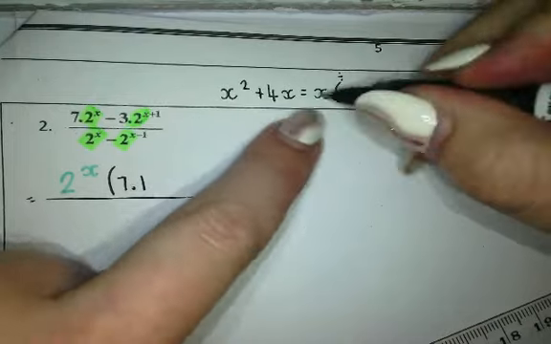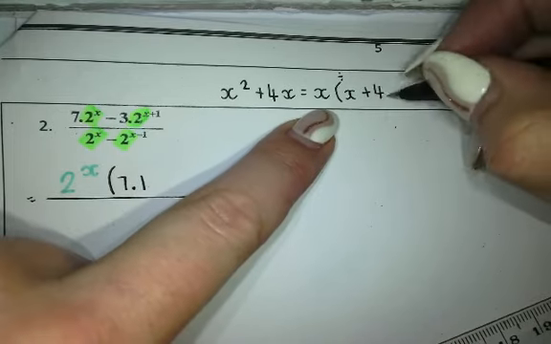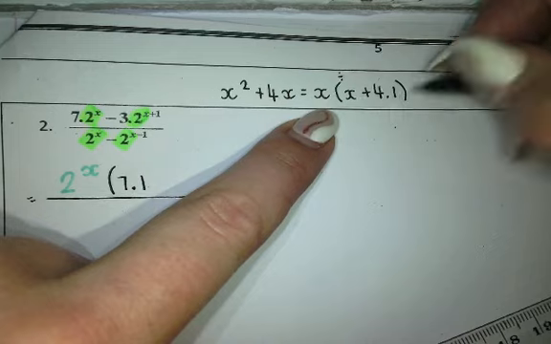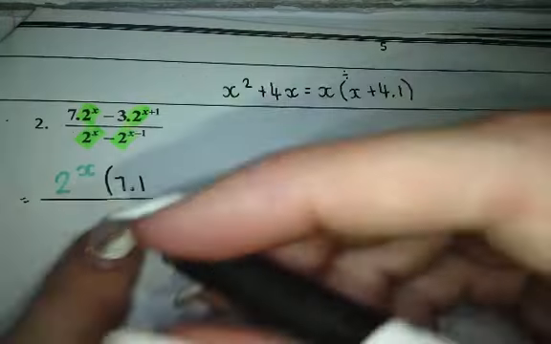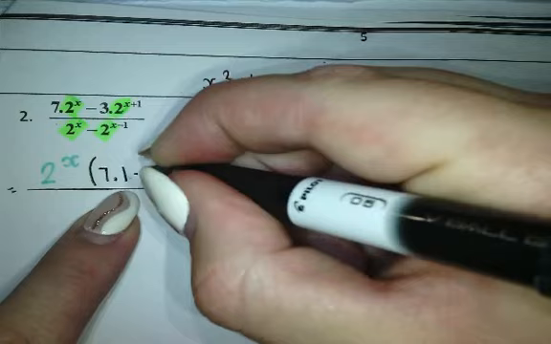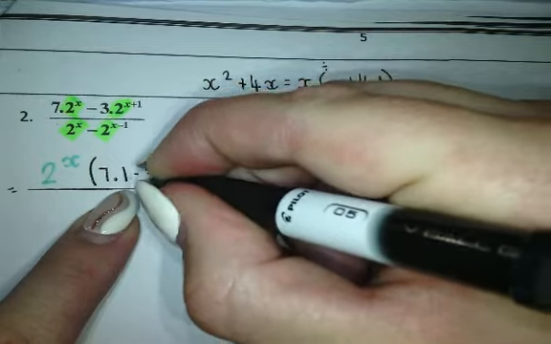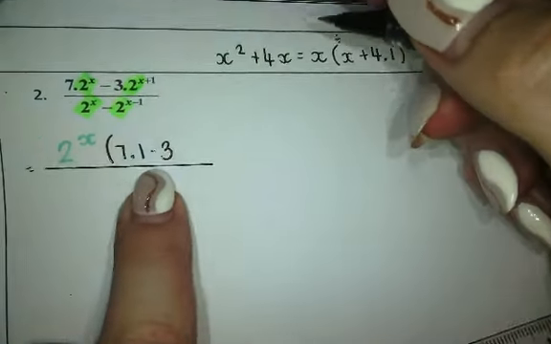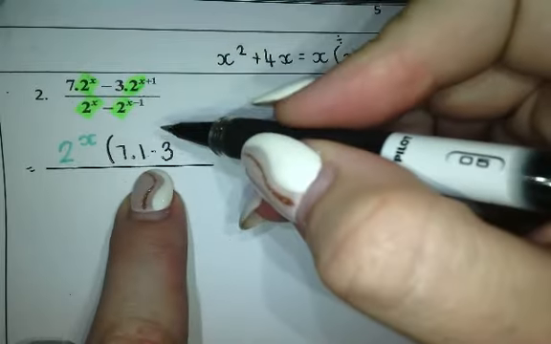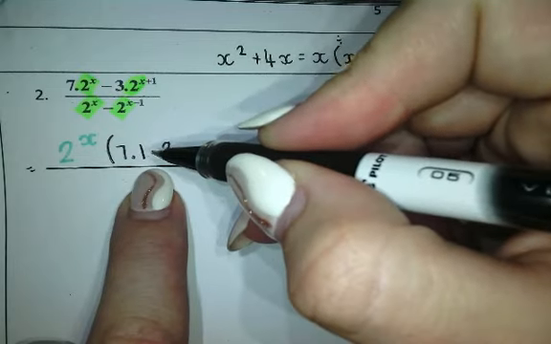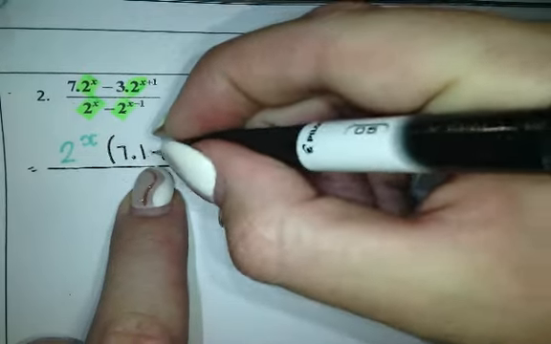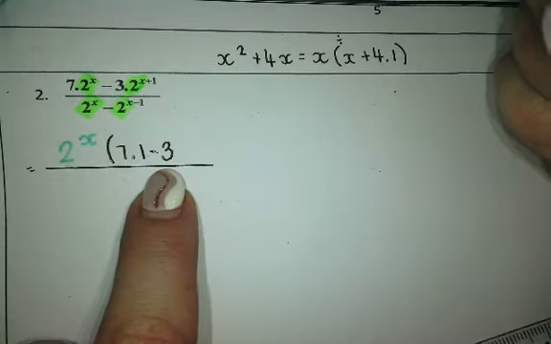Plus 4, and what's x divided by x? So it's the same as saying 4 times 1 here. Do you understand? Okay. Minus 3. Okay, you with me? 7 times 1 minus 3. Are you with me?